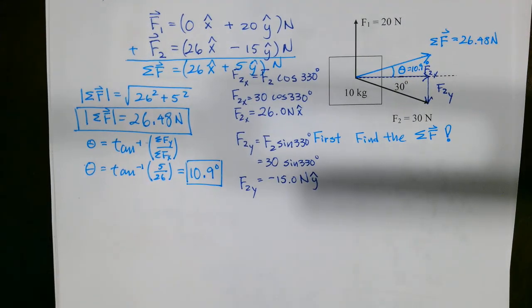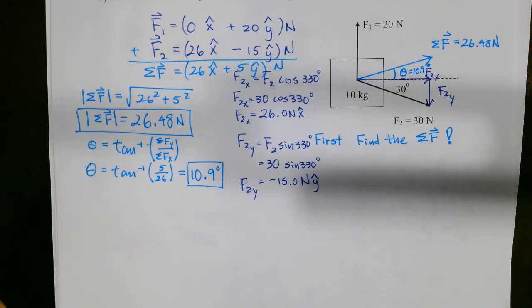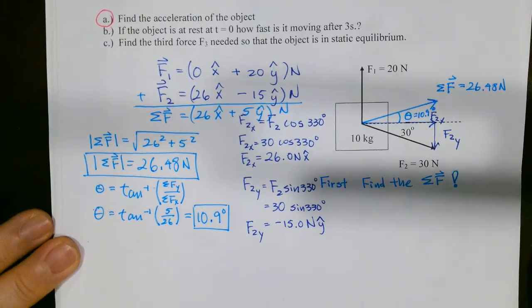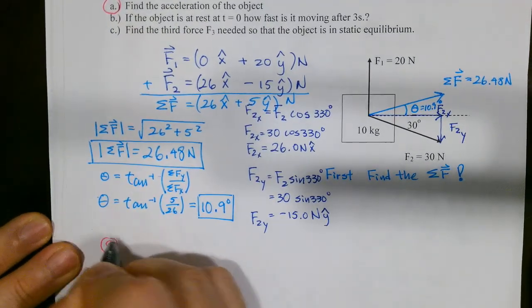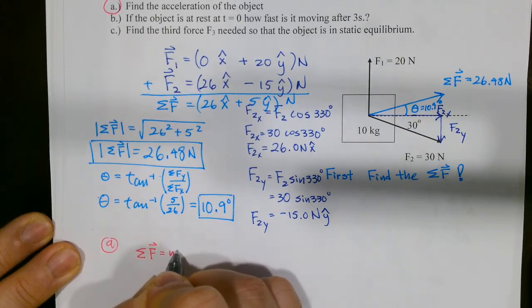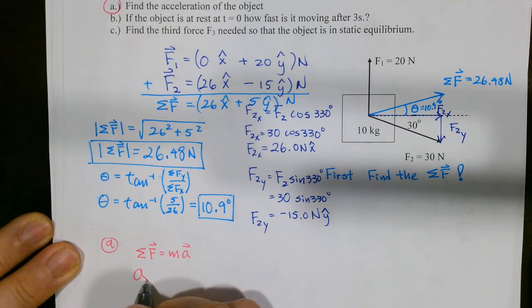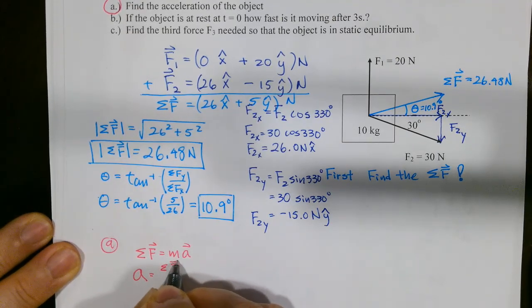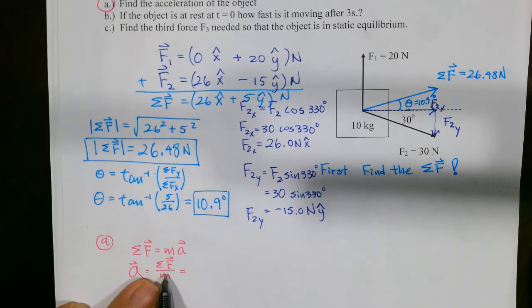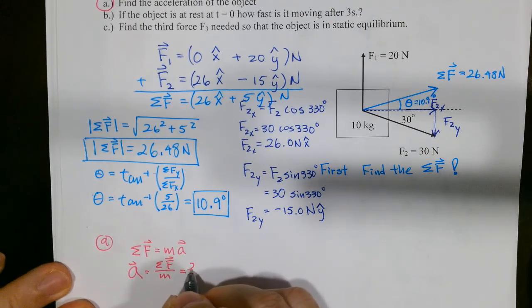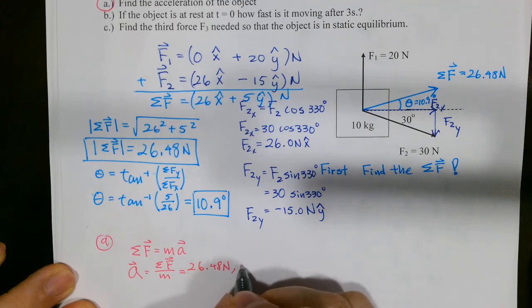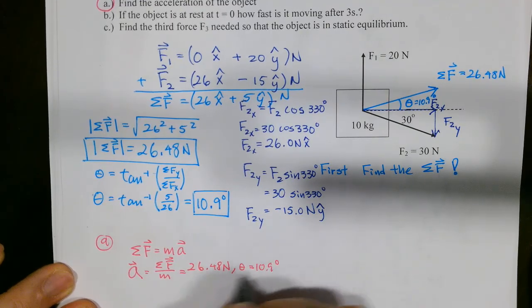Now we can actually answer some questions. Let's take a look at A. Find the acceleration of the object. Well, the net force is equal to ma, so the acceleration is equal to the net force divided by the mass. My net force is 26.48 newtons, comma, theta is equal to 10.9 degrees.